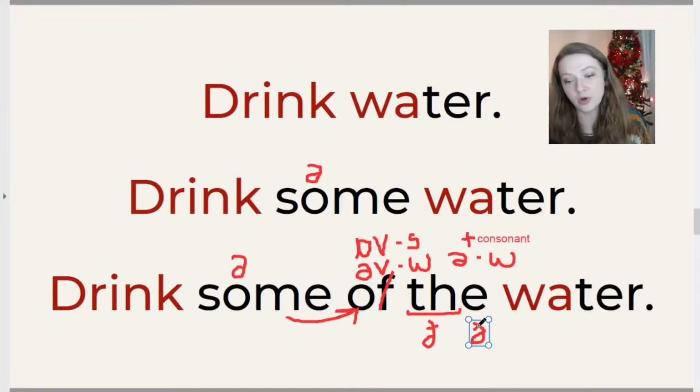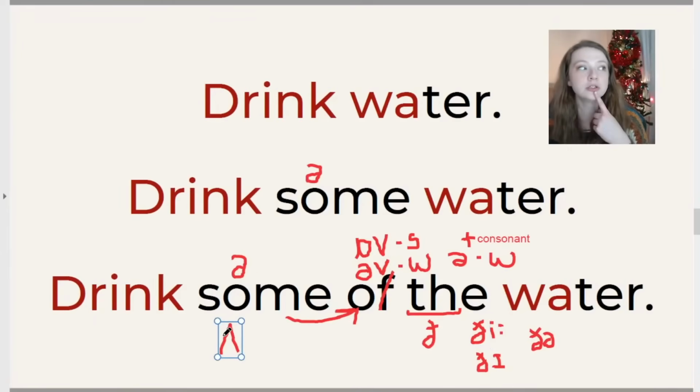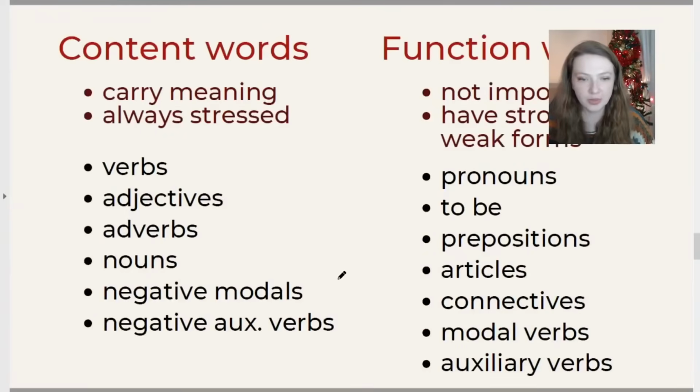The, so we've got the, which is a strong form, but you've also got the, which is sometimes used, and then you've got the water. Some, as I said, the strong form would be with this vowel, some, and some. So this one, my jaw drops more, some. Drink some. It's very fast and very weak. So two forms there, strong and weak.